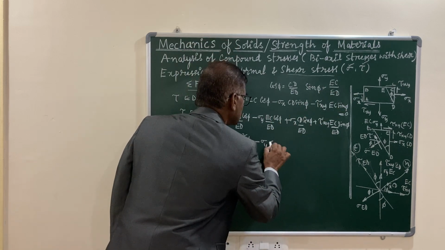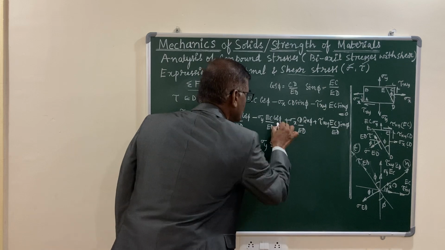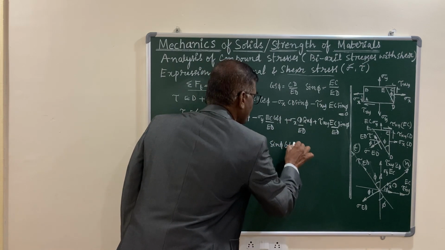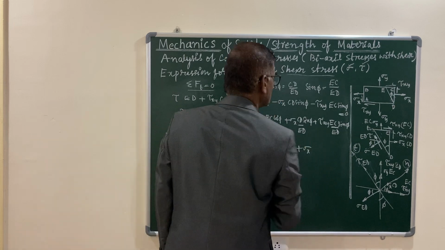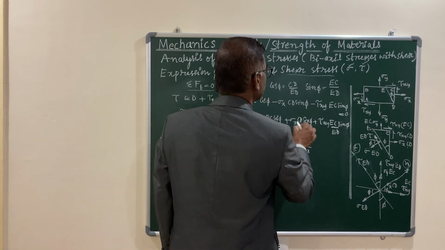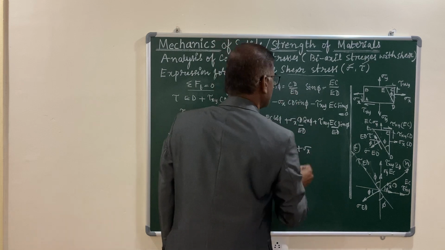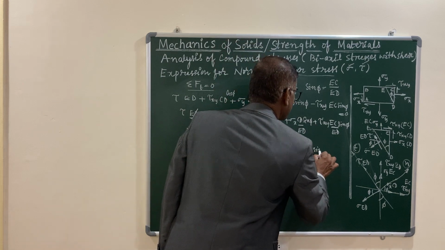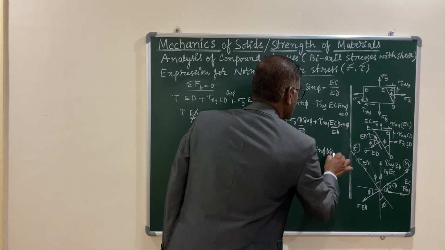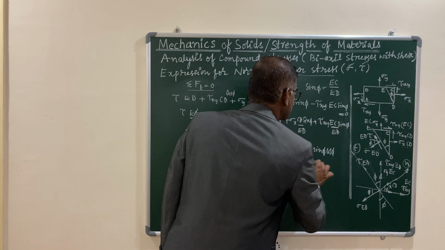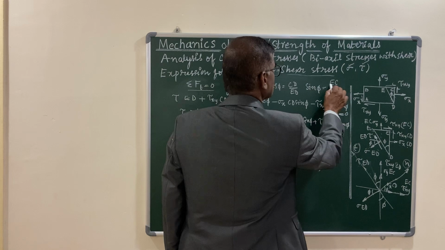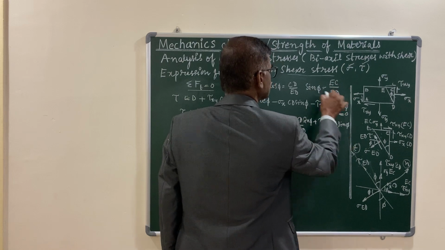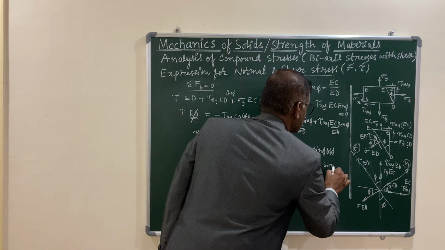So this becomes sin phi into cos phi. Your third term is sigma x into CD by ED. CD by ED is cos phi. You have sin phi into cos phi. And the last term, that is plus tau xy, here EC by ED is sin phi, that becomes sin square phi.